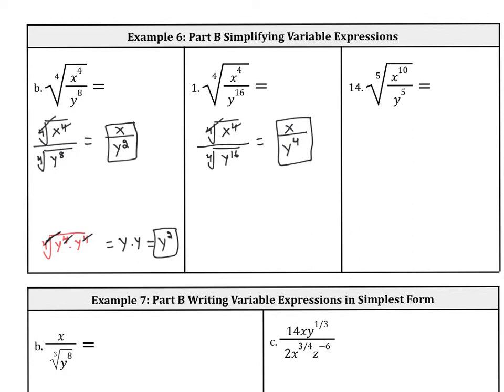For the next one, you're going to write them in a separate radical, and what you've got on the top is x to the power 10 divided by 5.